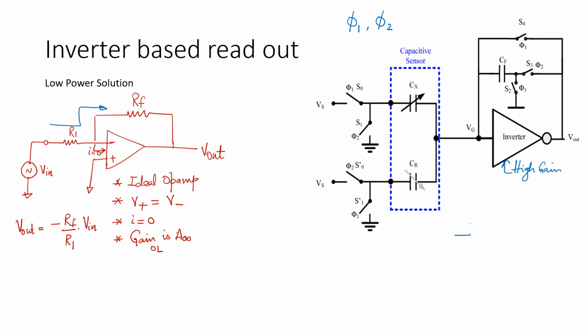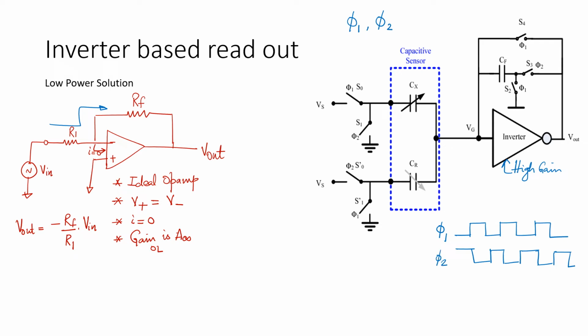So the waveform will look something like this. If this is phi 1, the other one will be phi 2, assuming it is 180° out of phase and slightly off. So let us work with this assumption. So this is phi 2.